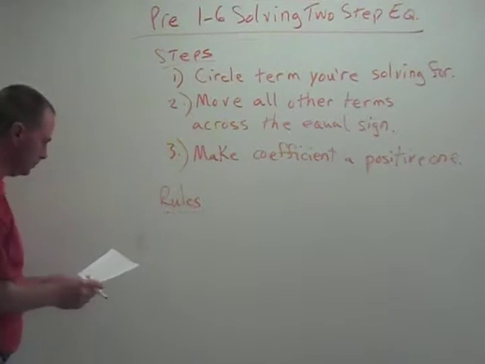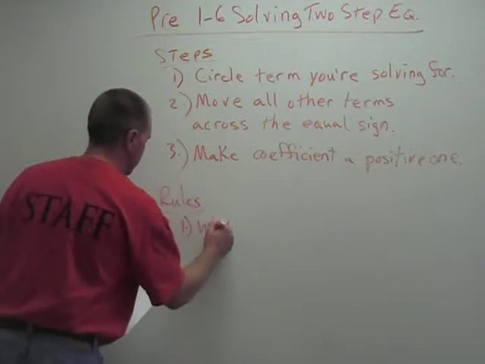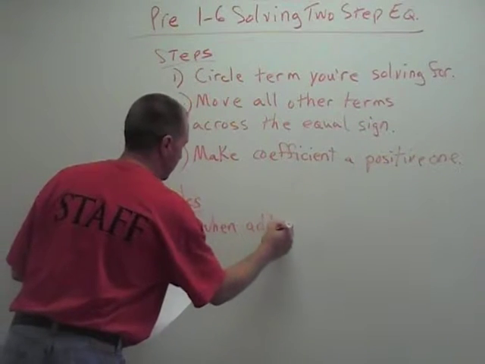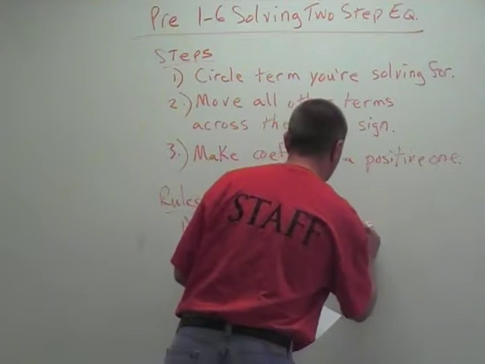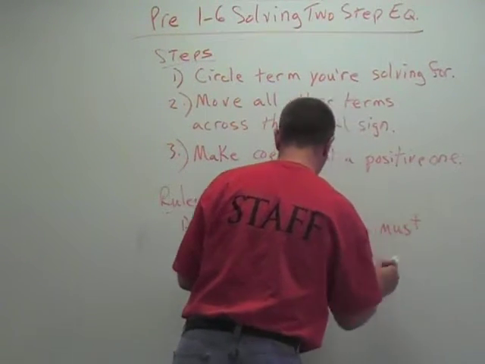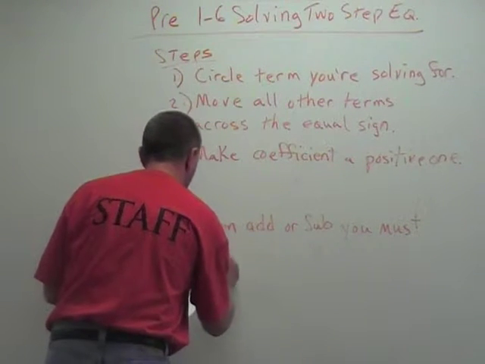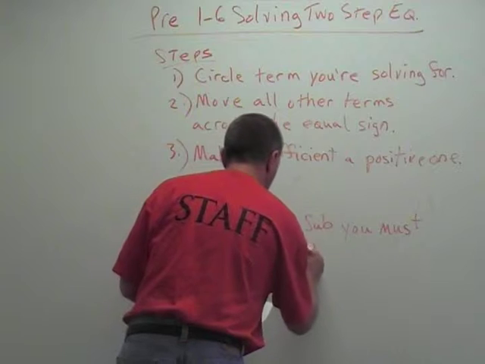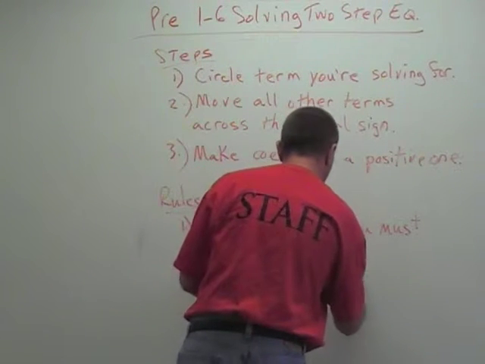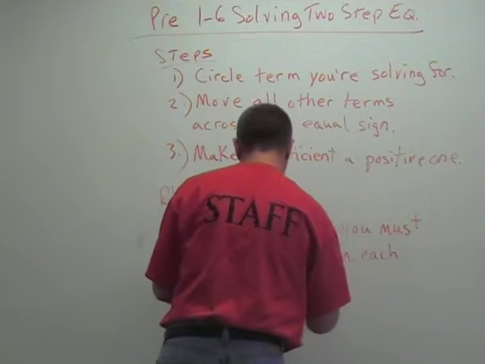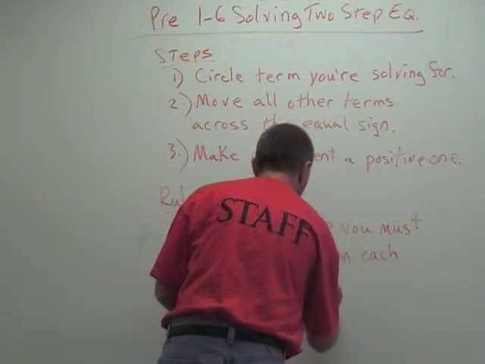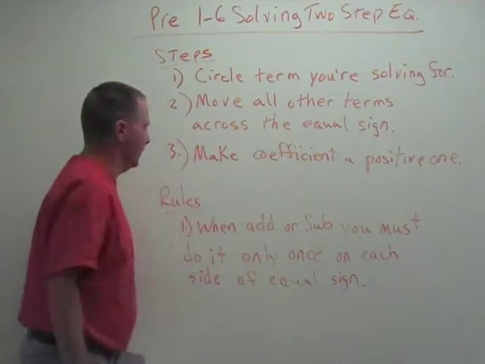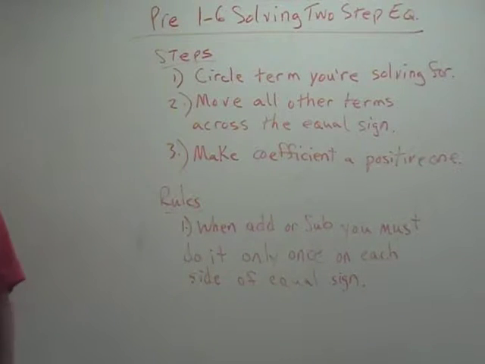Rules. When you add or subtract something to the equation, you must do it once on the left side, once on the right side.